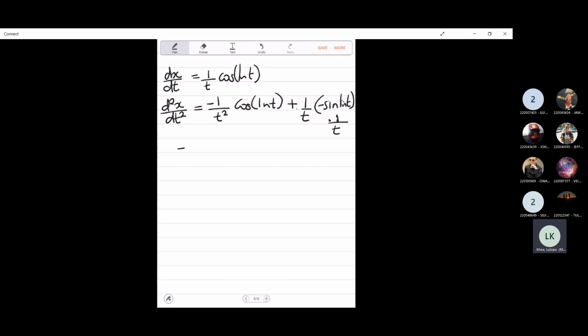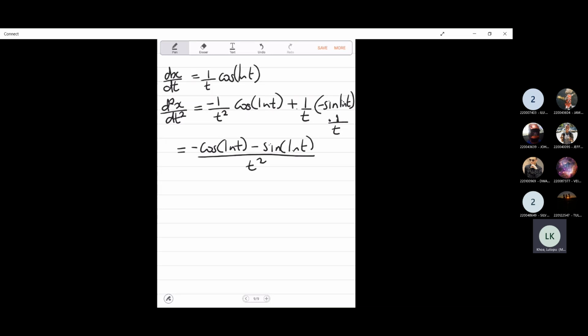Just writing this nicely, this is minus cos ln of t minus sine ln of t, divided by t squared.